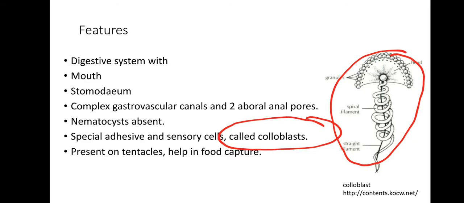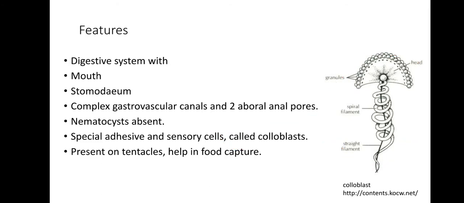So this is the structure of a colloblast. See, it is lasso-like. So lasso cells, that's one more name for it. Lasso cells or colloblasts are present in case of these ctenophorans.